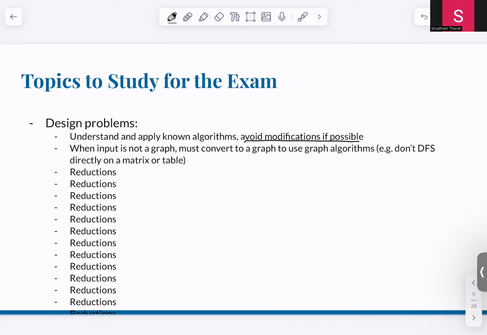For example, if you are given a matrix or a table, you cannot run DFS or Dijkstra's directly on that. So make sure you define what your graph is, what the vertices are, and what the edges are. These definitions are very important. Always try to go with reductions. It's easy to prove, and easy to do the runtime analysis.